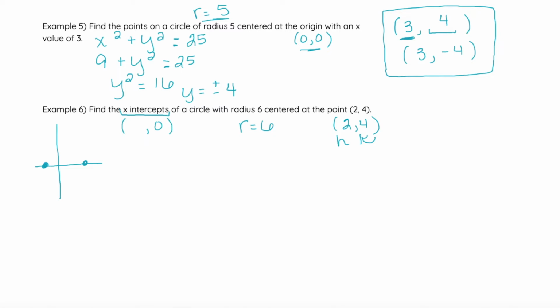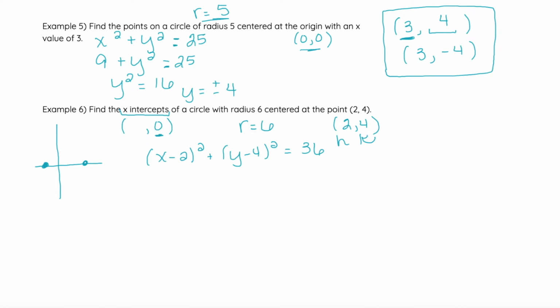And therefore, since we have an equation, we can easily substitute just in a different manner. Our equation then, because we know our h value, we have x minus 2 squared plus y minus 4 squared is our radius squared of 36. Again, I know what my y value is. I need to know what my x values potentially could be.